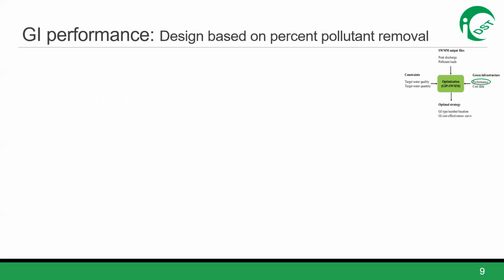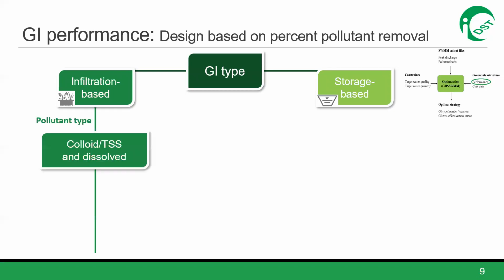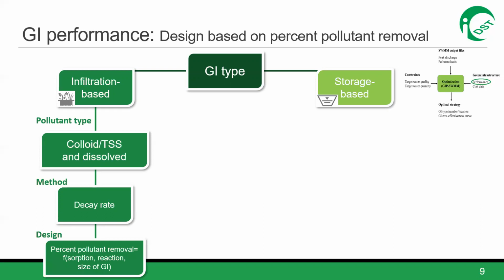This part is the design of green infrastructure based on pollutant removal. Again, we classified the green infrastructure into two types: infiltration-based and storage-based. For infiltration-based, such as bioretention or permeable pavement, we use the decay rate, and we design the GI based on that.